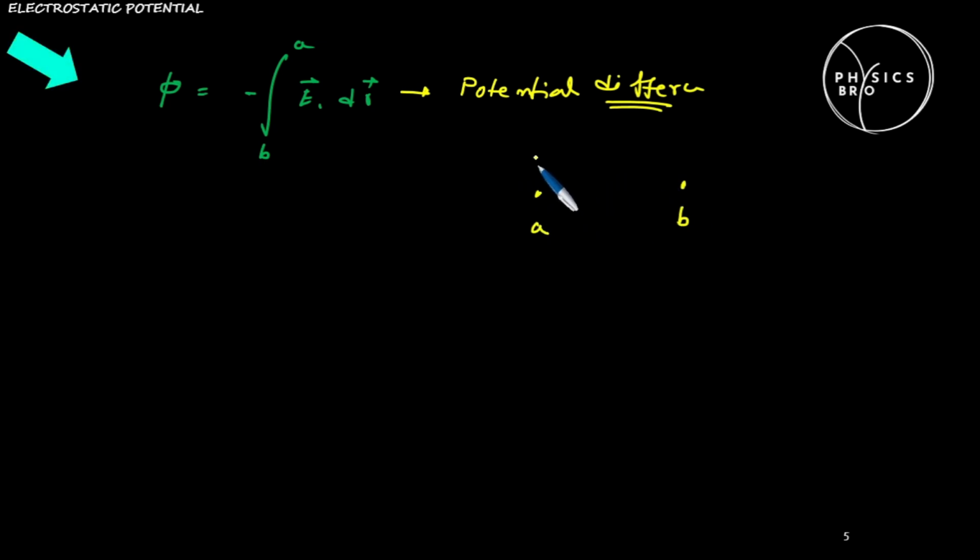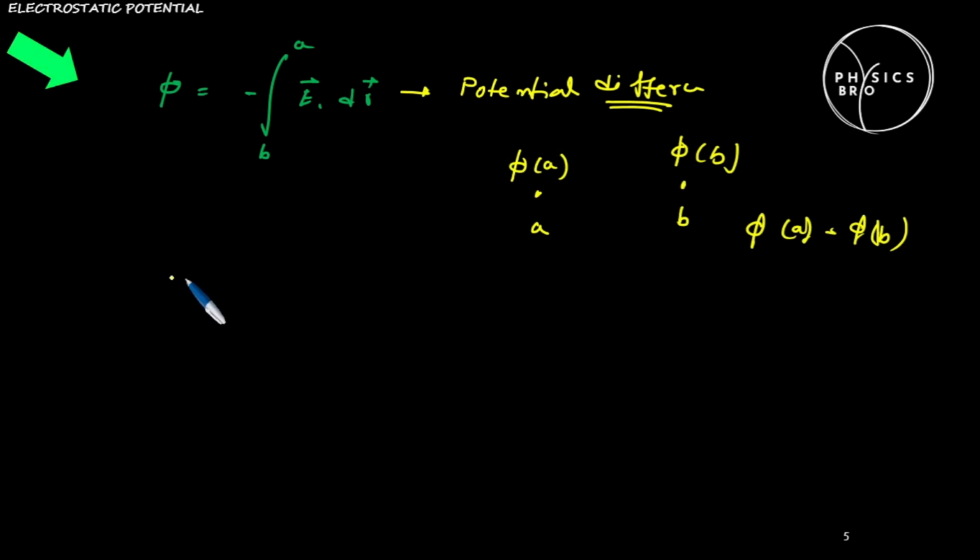Okay, so the potential at this point is say phi A and this is phi B, and this integration gives us phi A minus phi B. This gives us only phi A minus phi B. So what will be phi A and phi B?